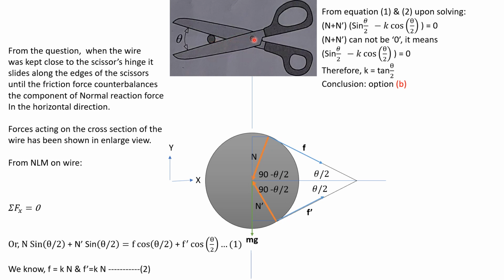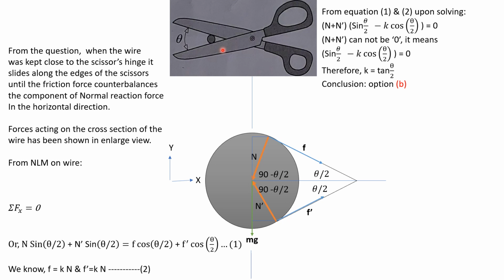When it was kept close to this hinge and the pressure was applied here to cut the wire, the edges of the scissors pressing the wire had a component of force in this direction, and because of it, it starts sliding. But when it reaches a point where the angle between the edges of the scissors becomes theta, it stops.